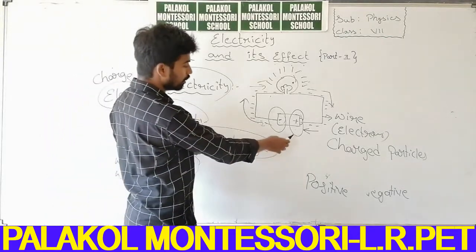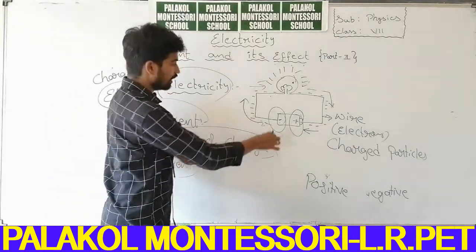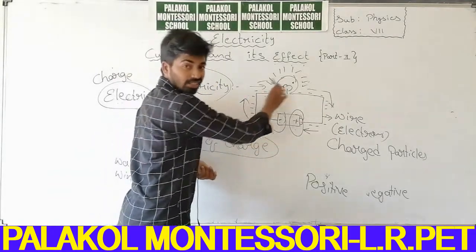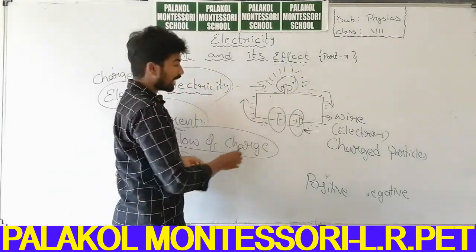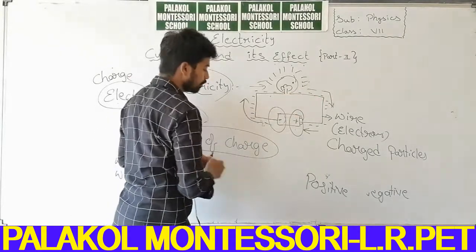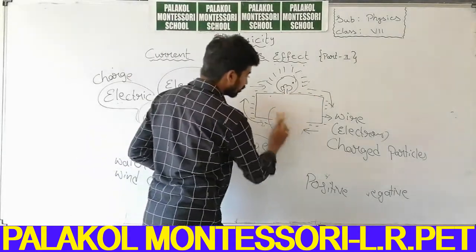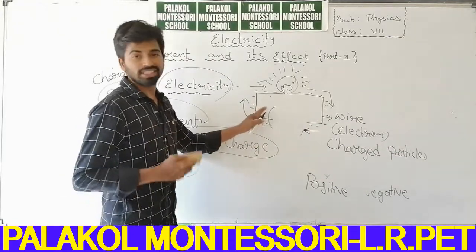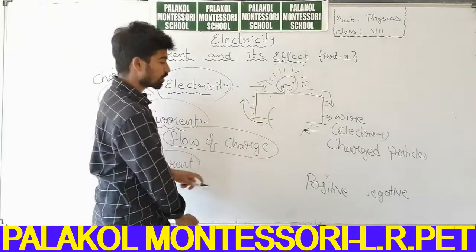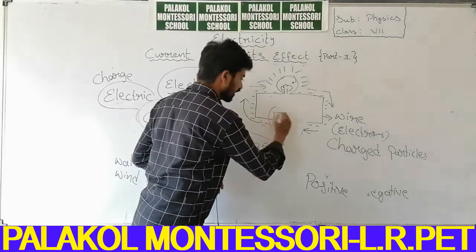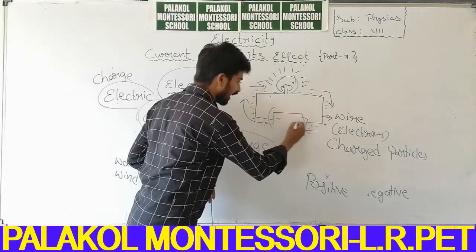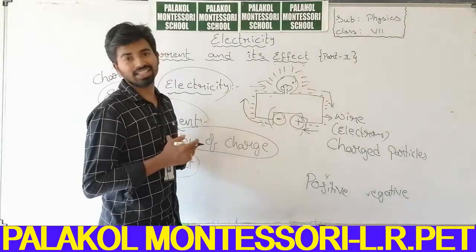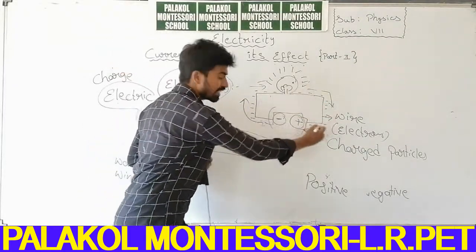Here what you have observed is that when you connect the battery, the charges are flowing. So electric current is there. If you remove the battery, the electrons remain as they are and do not move. When you connect the battery, its negative and positive charges make the electrons move inside the wire.